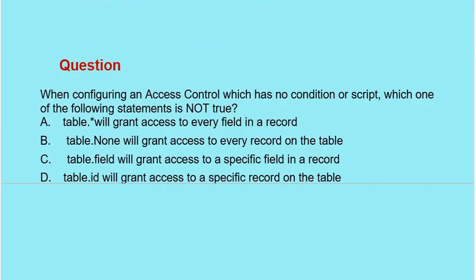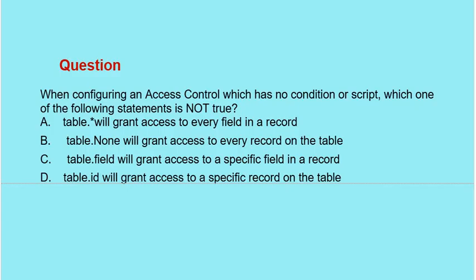Question is, when configuring an access control which has no condition or script, which one of the following statements is not true? Option A, table.* will grant access to every field in a record.